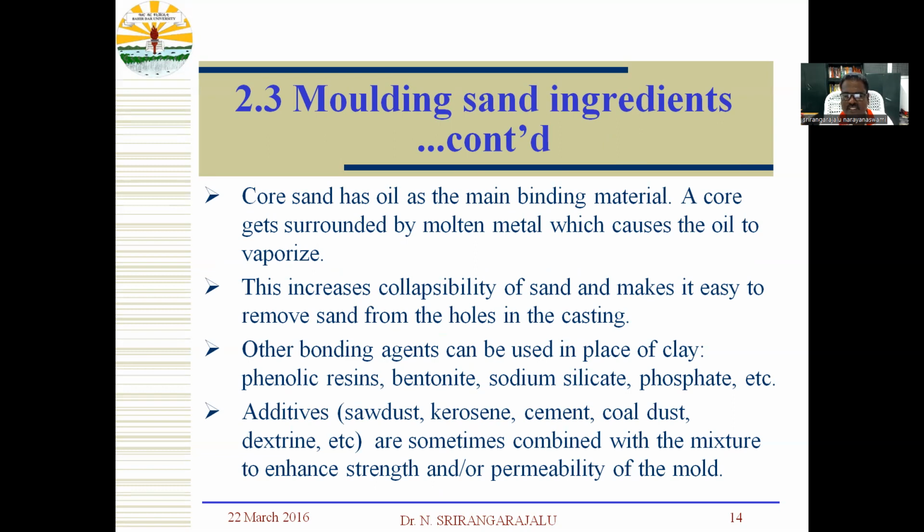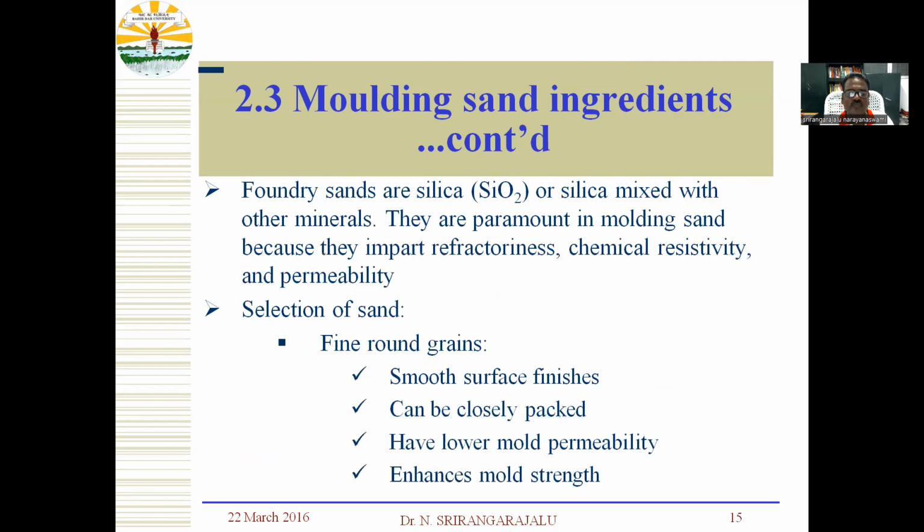Other bonding agents can be used in place of clay: phenolic resins, bentonite, sodium silicate, phosphate, etc. Additives such as sawdust, kerosene, cement, coal dust, dextrine, etc. are sometimes combined in the mixer to enhance strength and or permeability of the mold.